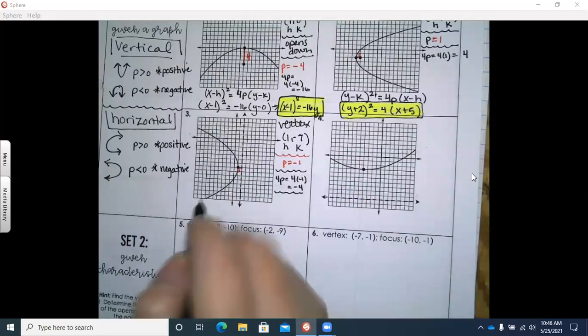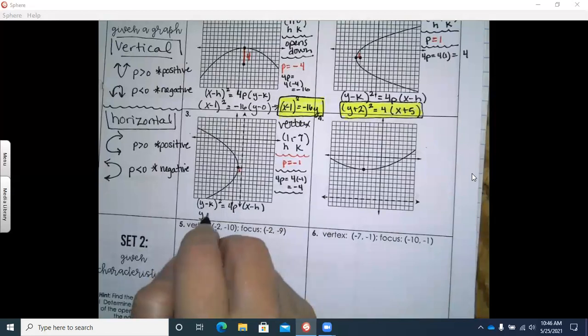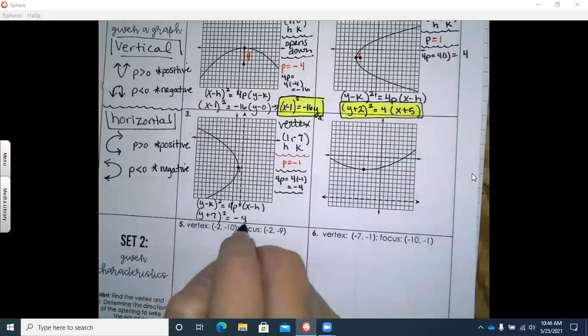So we use y minus k quantity squared equals 4p times x minus h. So that's going to be y plus 7 quantity squared equals -4 times x minus 1.